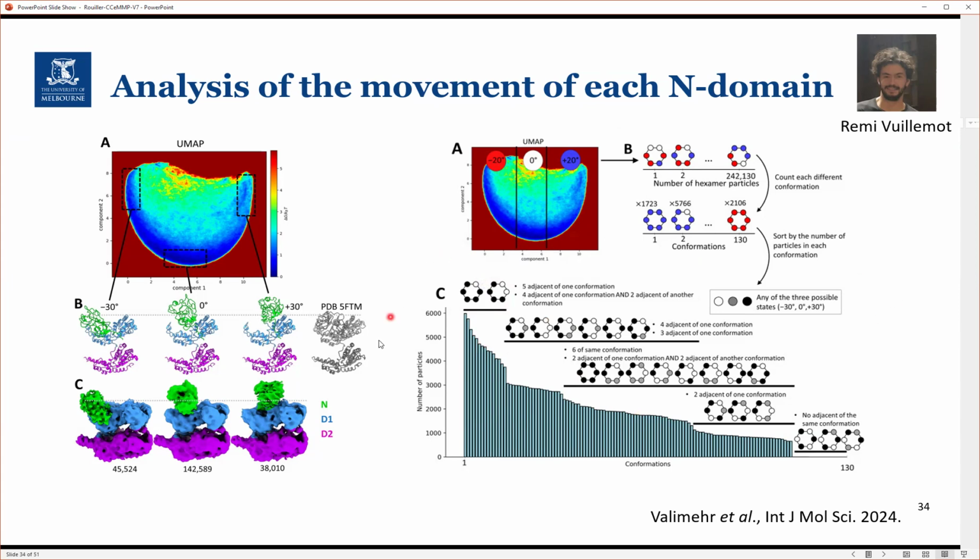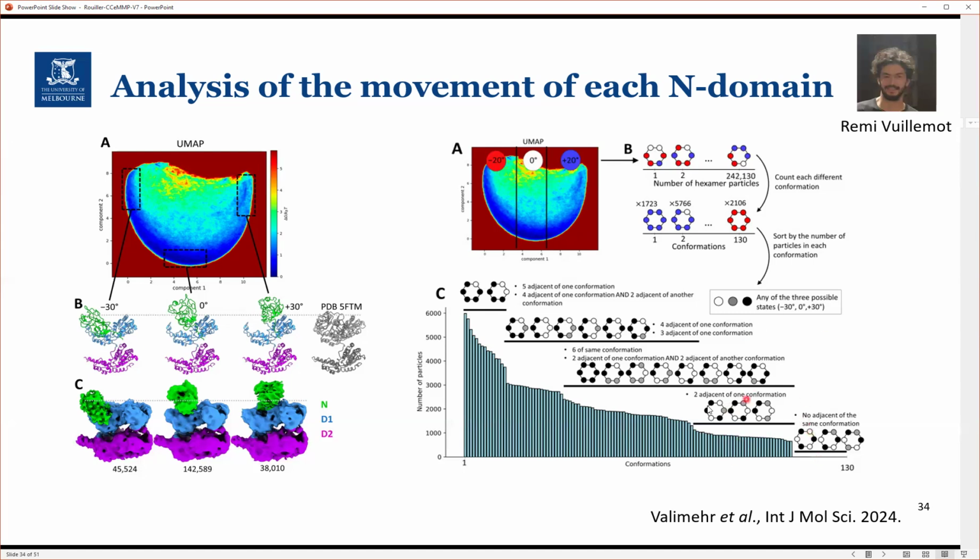So basically what this histogram is telling us is that all possible motions of the N domain are possible, except for this class here, where all the adjacent N domains would be in a totally different conformation.